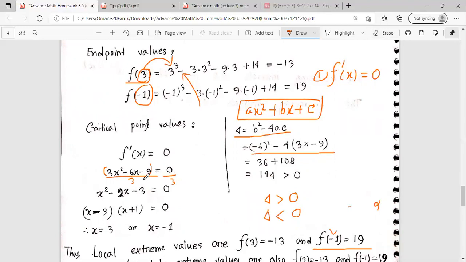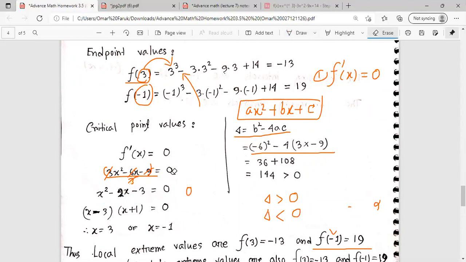So this 3 and this 3 get cancelled, we get x square, and 3 and 6 we get minus 2, and 3 and 9 we get minus 3, okay? And 0 by 3 is 0. Nothing more complex here.